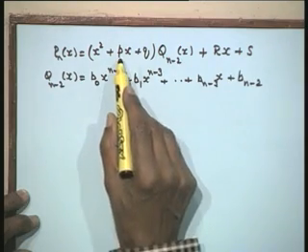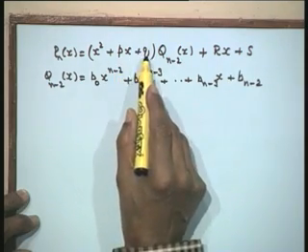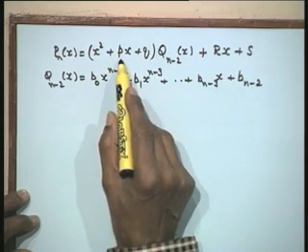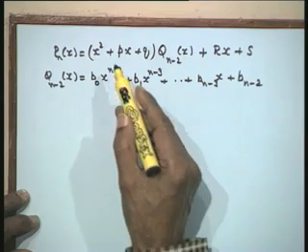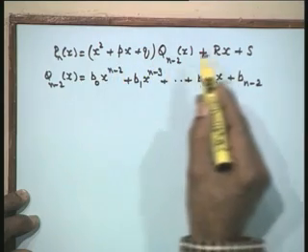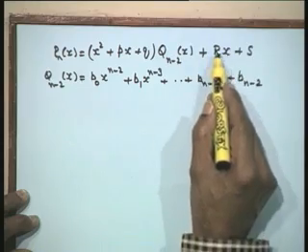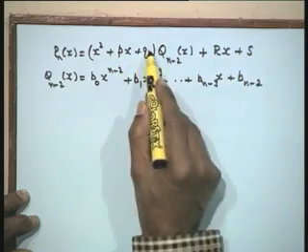Now, p and q are the initial approximations to the exact values of p and q. Therefore, as the iteration goes on, the values of p and q change, and therefore the values of the remainder also change. In other words, r and s are functions of p and q.